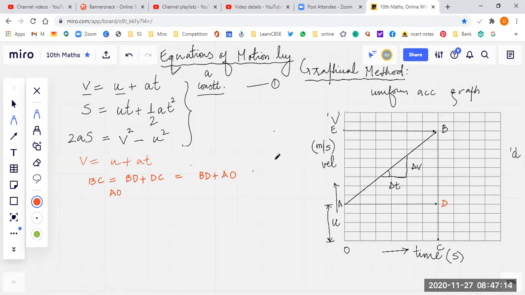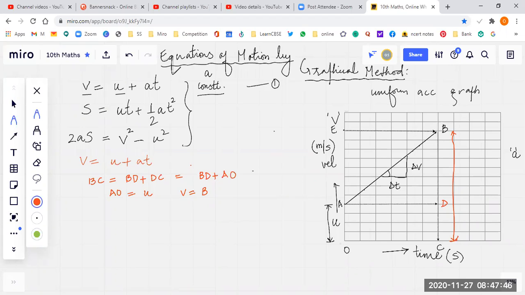Now, students, what is AO? Any distance towards the y-axis is a velocity. So AO is the initial velocity U. And what is the final velocity? V is equal to BC, and that is equal to EO.